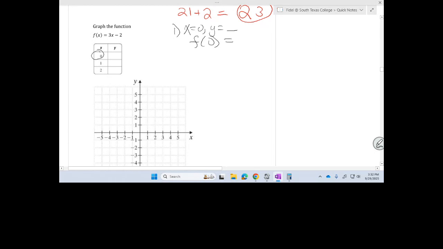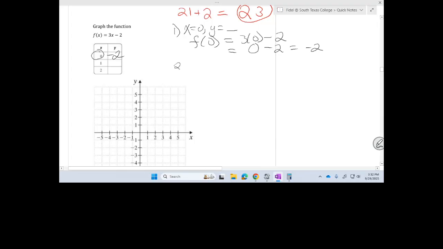So look, y'all, f of 0 is going to be 3 times 0 minus 2. Okay, we already said 3 times 0 is 0. 0 minus 2, y'all, negative 2. So that's going to be my y number, okay? When I'm plugging in the 0 for the x, whatever answer I get, y'all, that's actually going to be my y value.